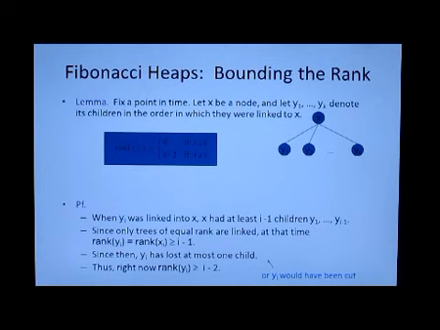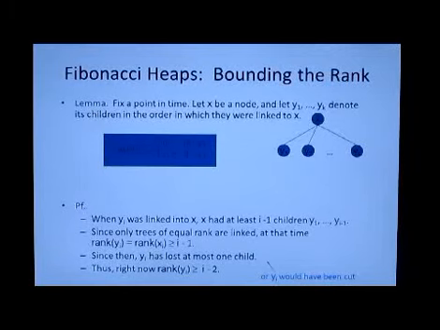Fix a point in time, let X be a node and y2 through yk denote its children in the order in which they were linked to X. We have a function rank(yi): if i equals 1, it would be 0; if i is greater than 1, it would be at least i minus 2.